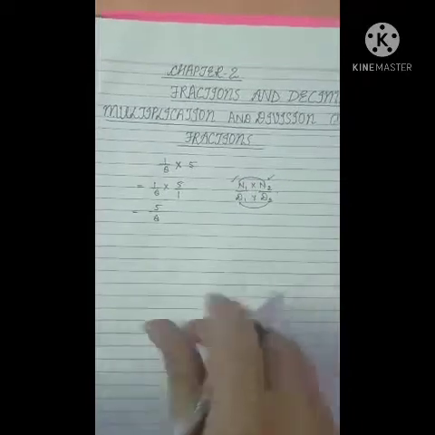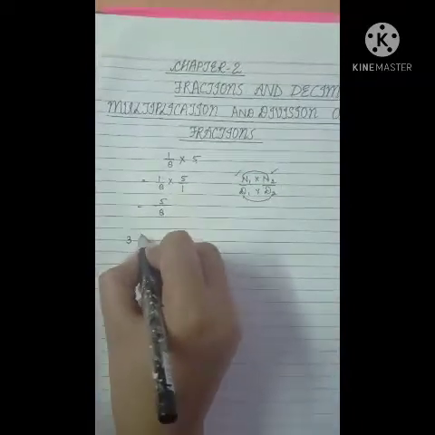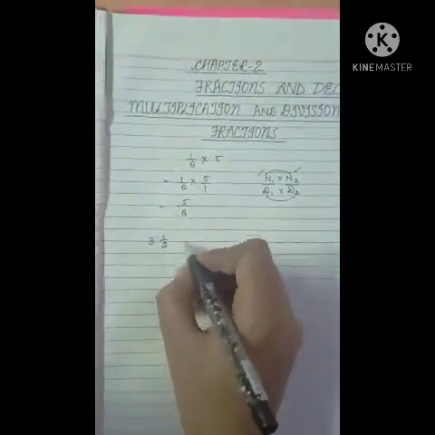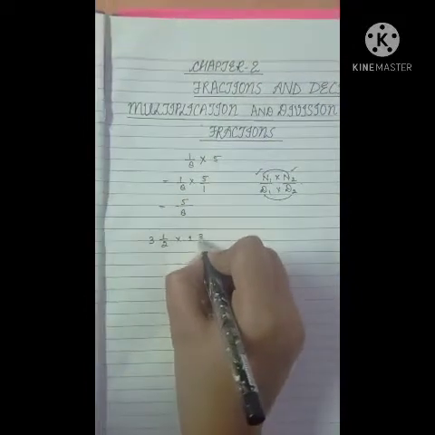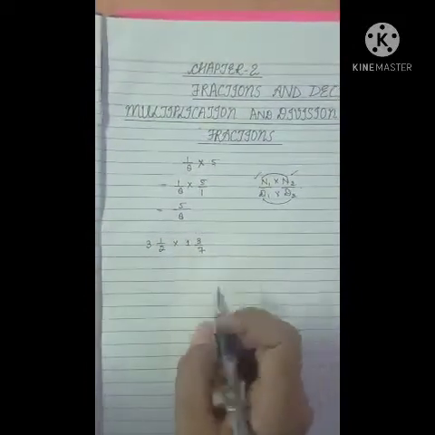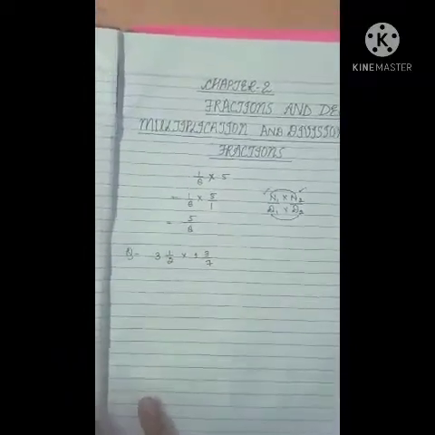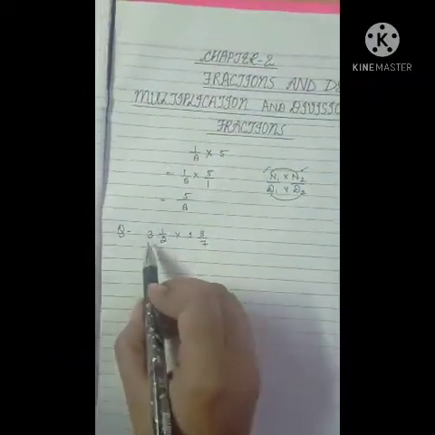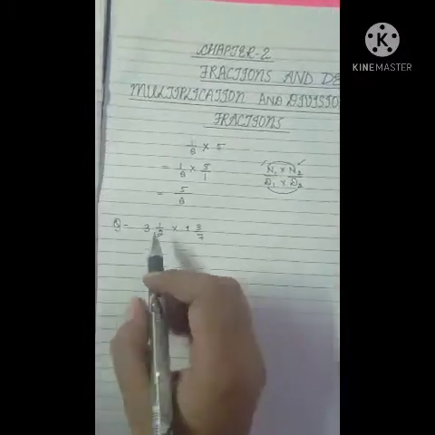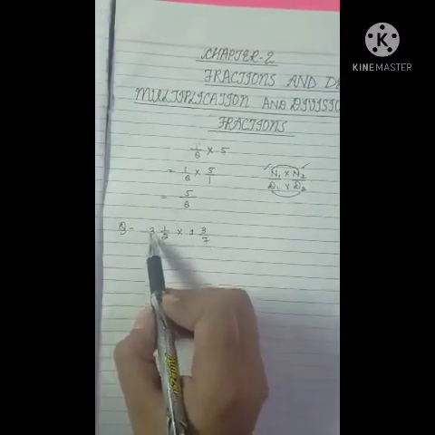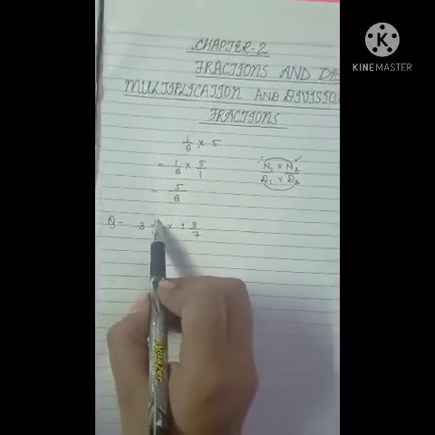Now suppose you have a question like this: 3 whole number 1 by 2 multiplied by 1 whole number 3 by 7. Here you can see these two are mixed fractions. So first what we do, we convert them into improper fractions. So 2 3s are 6, 6 plus 1 is 7.